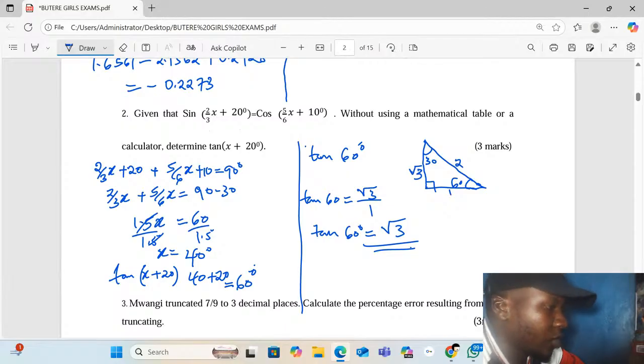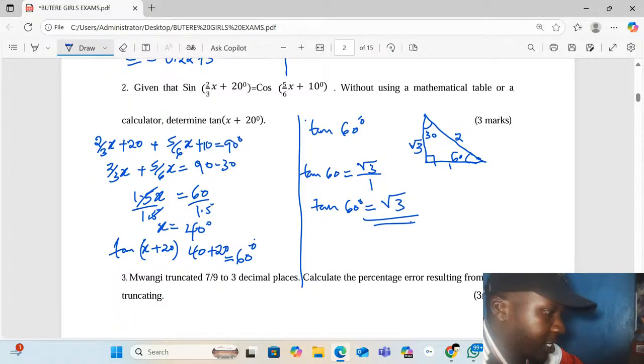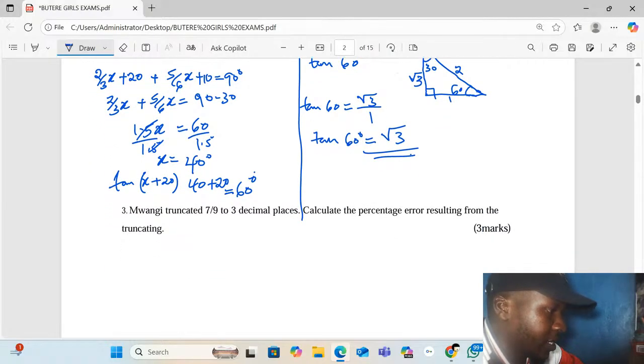So that is how we calculate without using a mathematical table. Then question number 3: Mwangi truncated 7/9 to 3 decimal places.